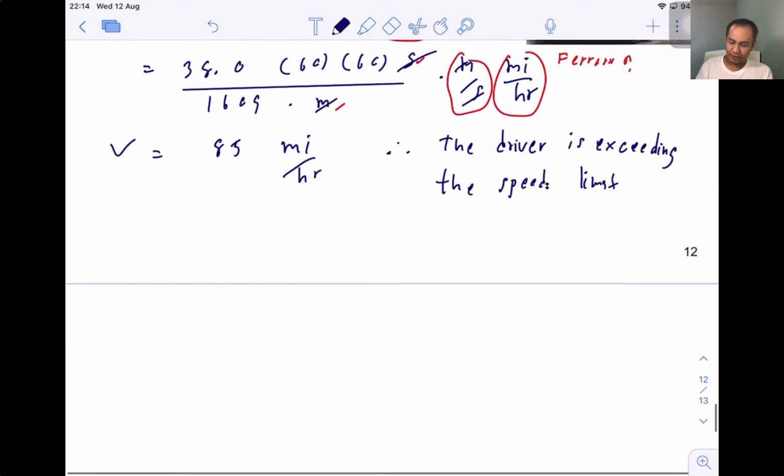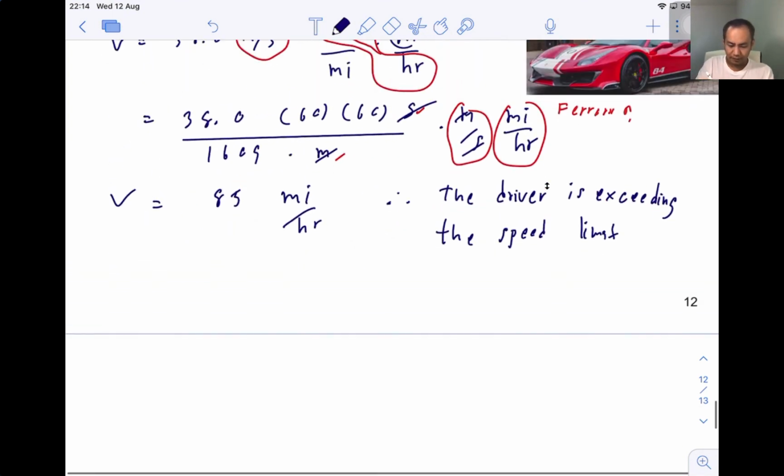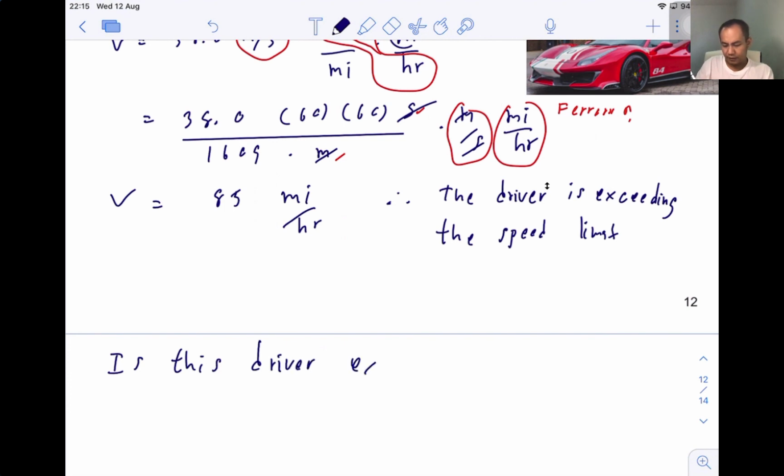Okay, another question: is this driver exceeding the speed limit of Thailand?